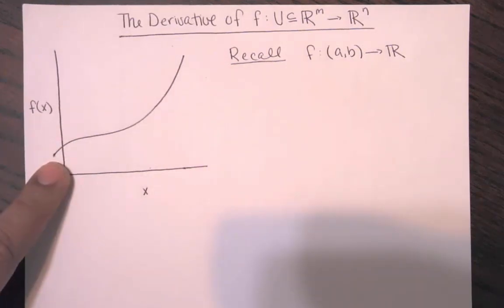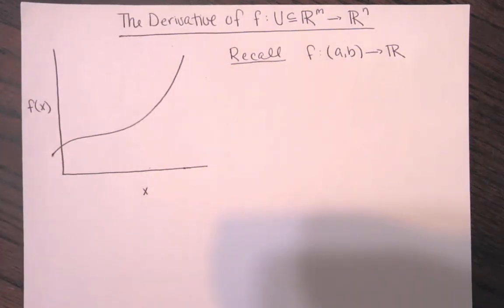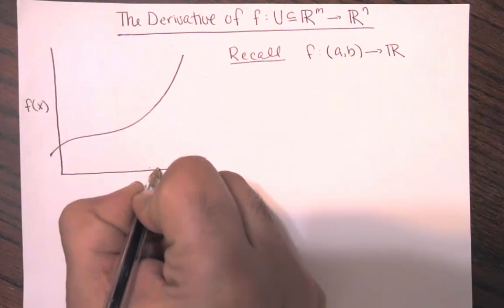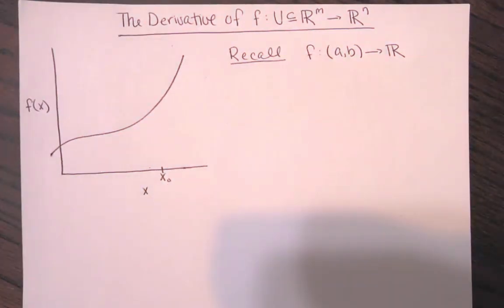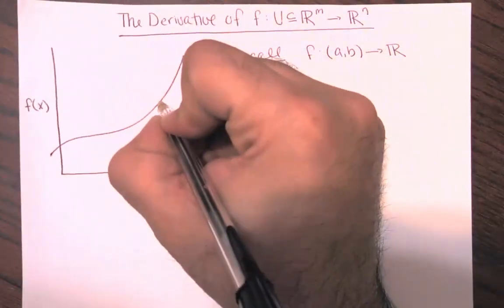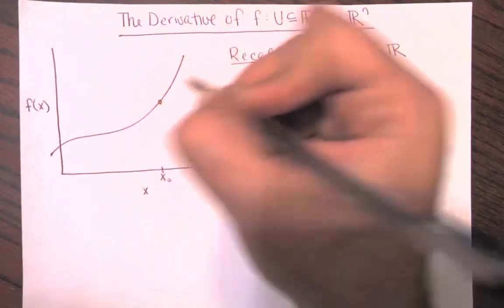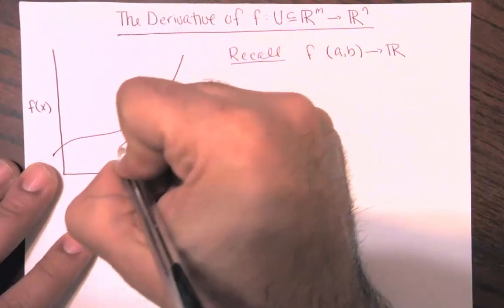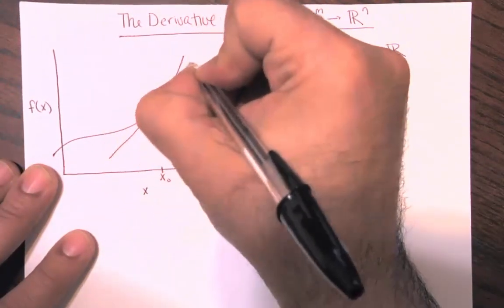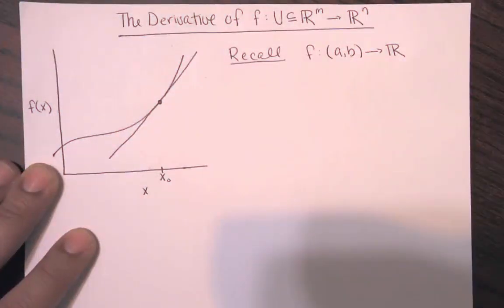So if I have a graph of f and I want to know what the slope is at some value x naught, or what the derivative is at x naught, right? The derivative is the slope of the tangent line.